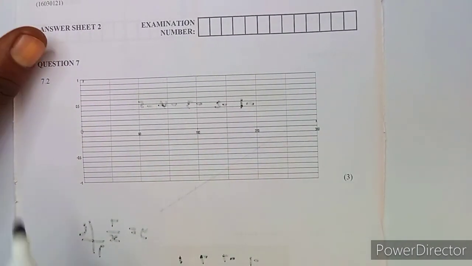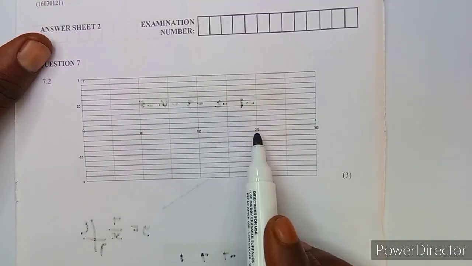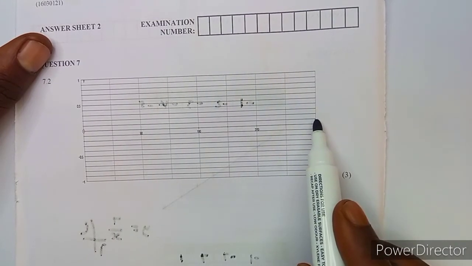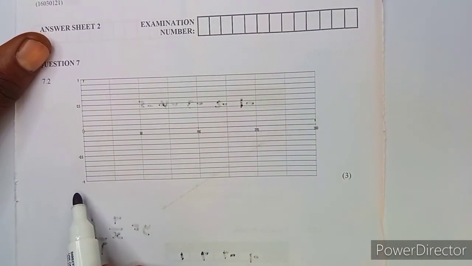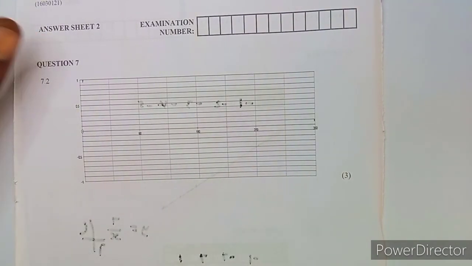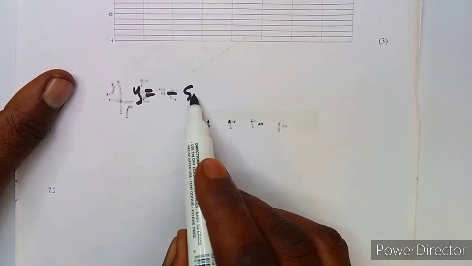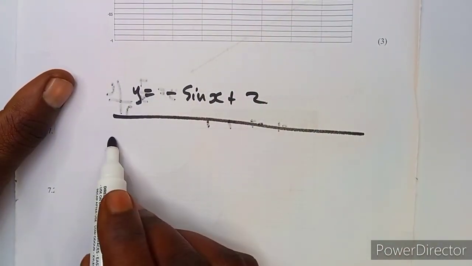So if you are to cross check, you've got angles 0, 90, 180, 270, 360. So these are the values that you're going to use for x. These are the values for x, and these are the values for y. So what am I going to do? I can just have my table here. Y is equal to minus sine x plus 2. Okay, so you just have a table.